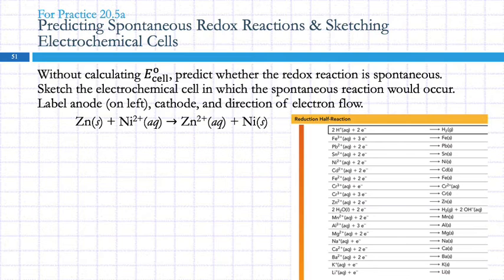Without calculating the standard cell potential, predict whether the redox reaction is spontaneous. Sketch the electrochemical cell in which the spontaneous reaction would occur. Label the anode on the left, the cathode, and the direction of electron flow.